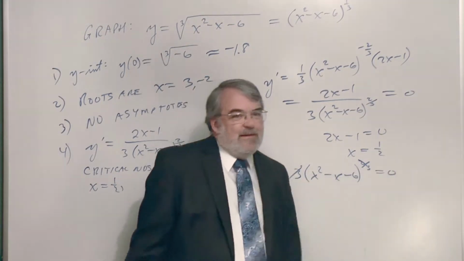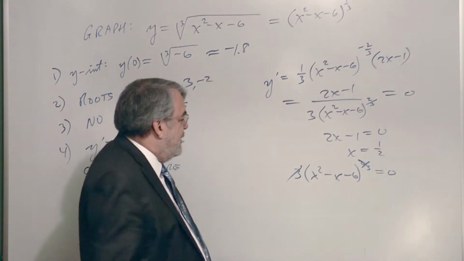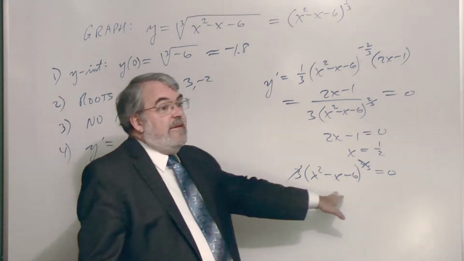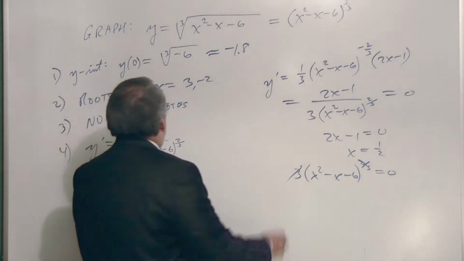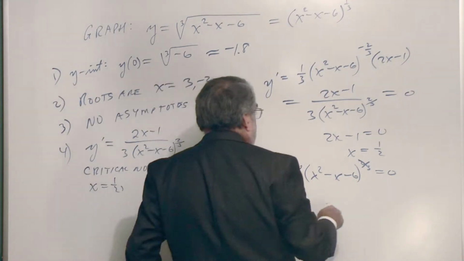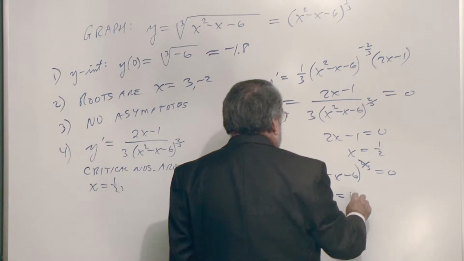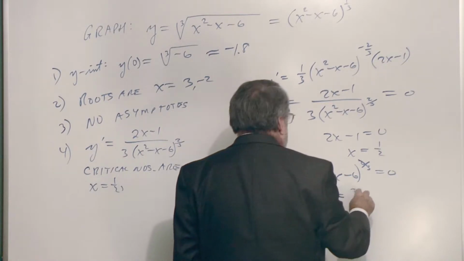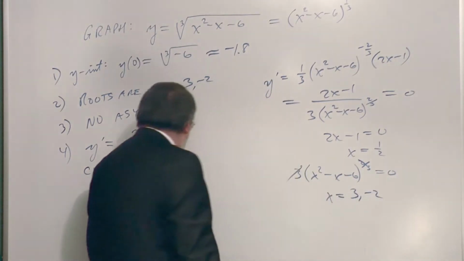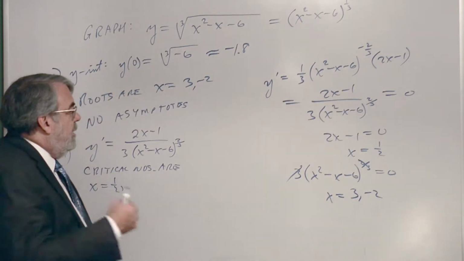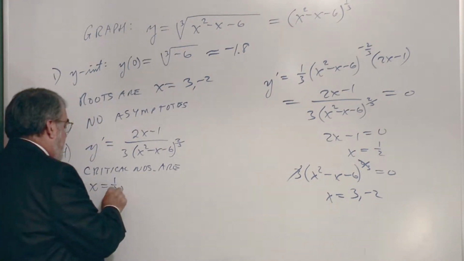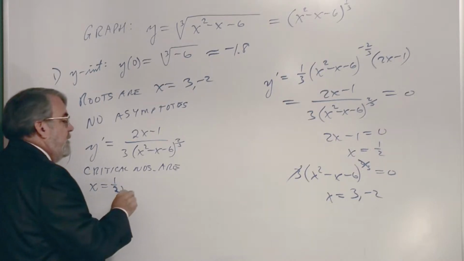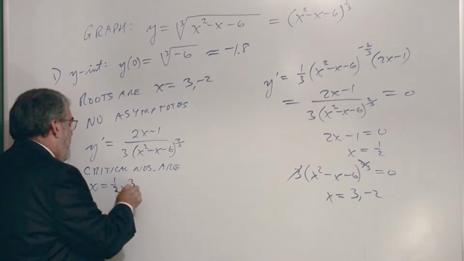Raising 0 to the 3/2 power to cancel a 2/3 is still going to give you 0. So basically I'm solving this, and we worked that out earlier when we found the roots. x equals 3 and negative 2. Alright, so those now cause division by 0, and so the critical numbers are also 3 and negative 2.